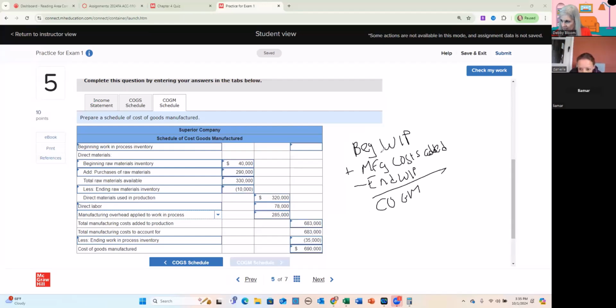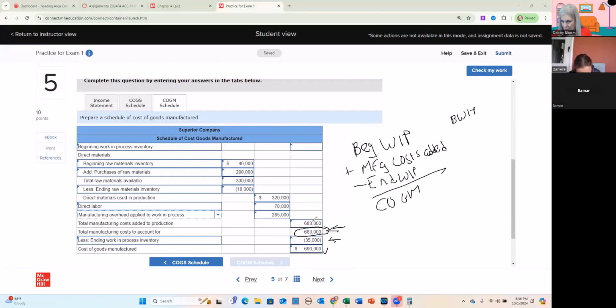Beginning work in process plus manufacturing costs added equals the total manufacturing cost to account for. So if I take this number and subtract that number, it comes down to that number. But I don't know my beginning work in process.